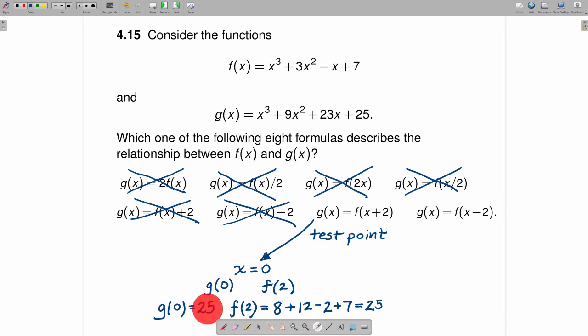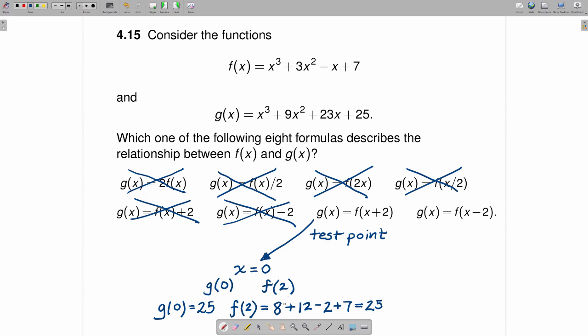Now, that looks good because we've got a 25 here and a 25 here, but that does not prove that this is the one relationship because we might have just gotten lucky with our test point. So the next thing to do is go to our second possibility here, try a test point. If a test point fails here, then we know this is the only one left, assuming that there is only one relationship here that works.